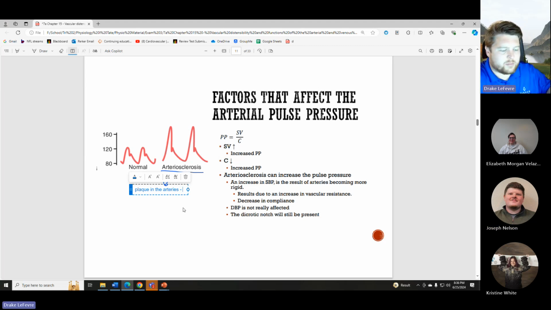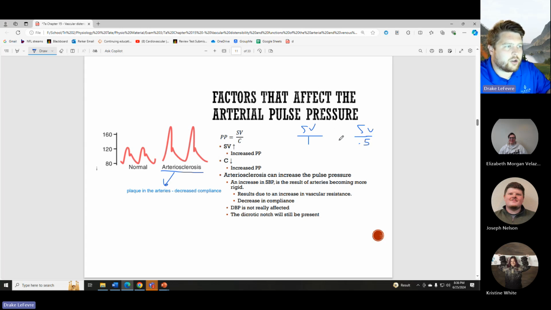Yeah, so what happens to our compliance? Does our compliance go up or down? Down. Yeah, decreased compliance. If we look at simple math, let's say our compliance originally is 1, so stroke volume divided by 1, versus stroke volume divided by 0.5. Dividing by a smaller number makes the overall number bigger, so pulse pressure goes up.